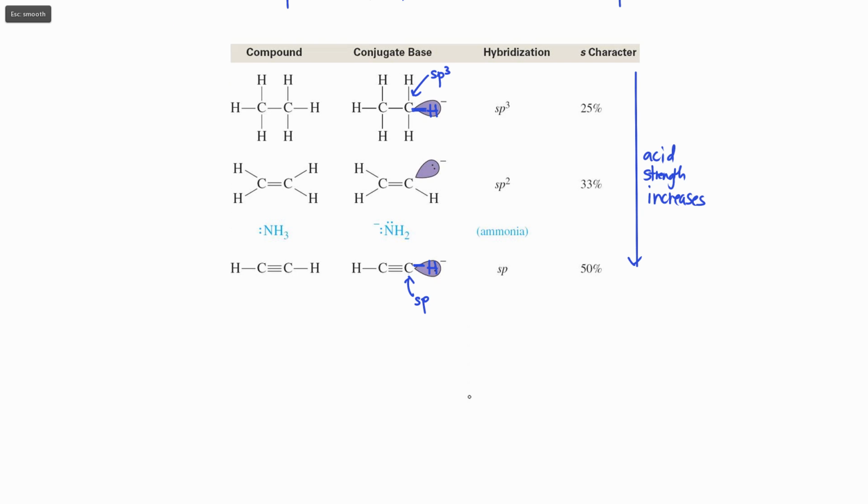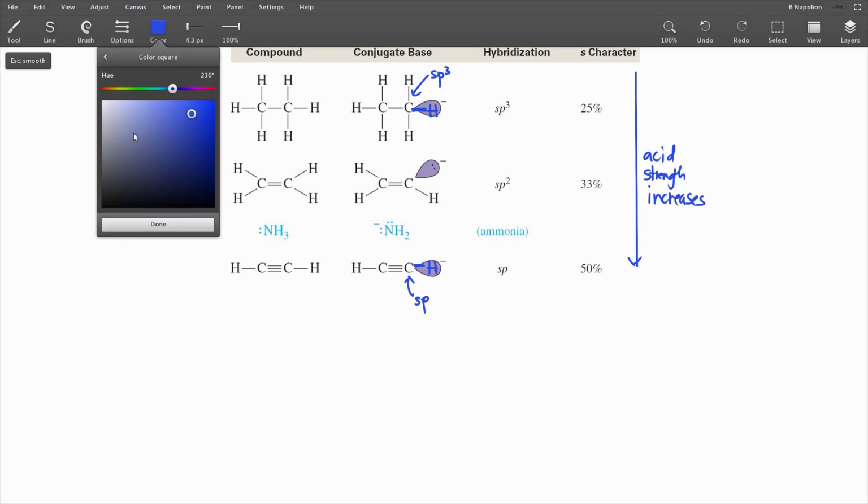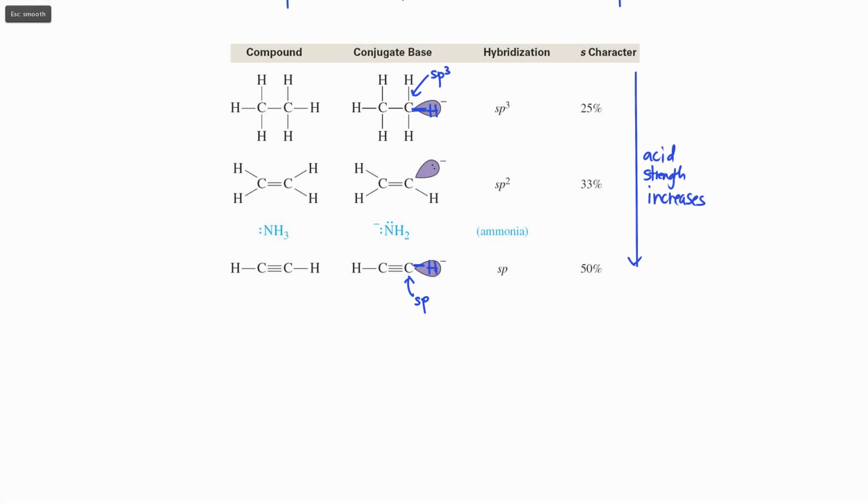Now we need to keep in mind, or I need to introduce, two types. We need to know about two types of structures for alkynes related to acidity. Two types of alkynes. Okay, we have one we call terminal.